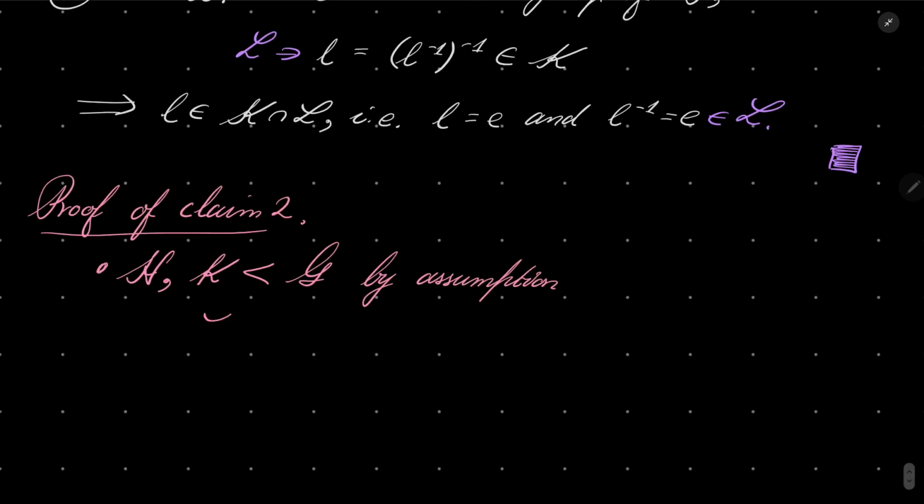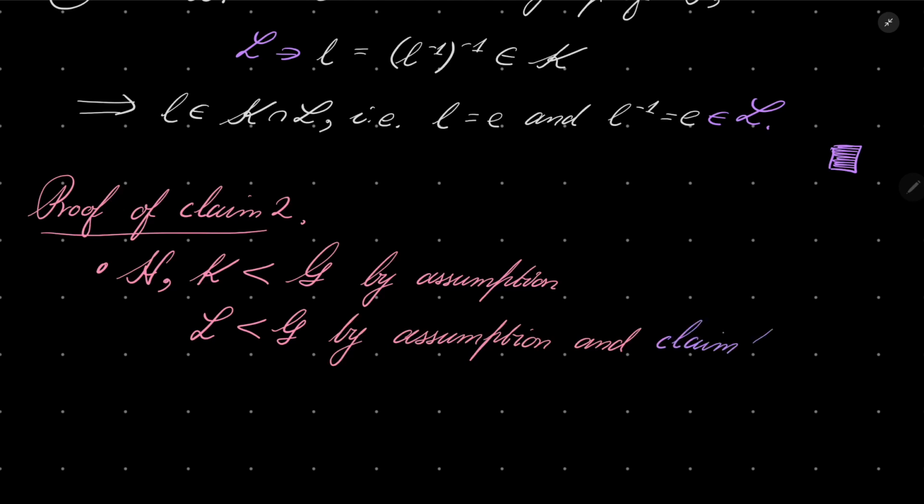And L is a subgroup of G by assumption and claim number 1. Okay, so now we know that they are groups. Now we need to show that they are proper.